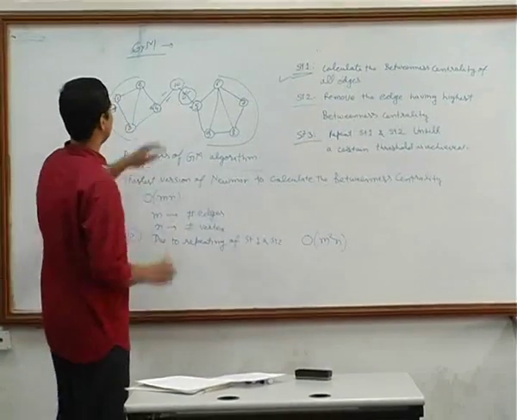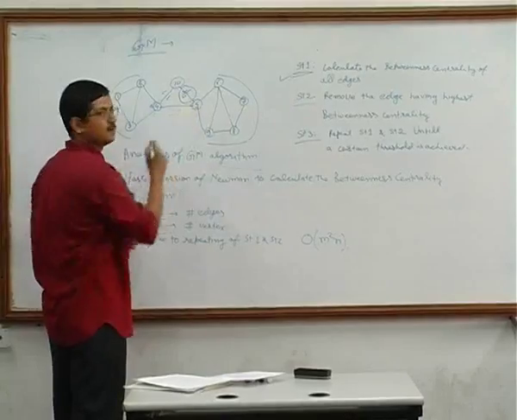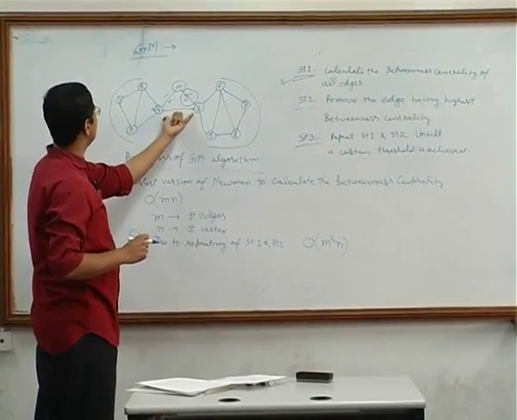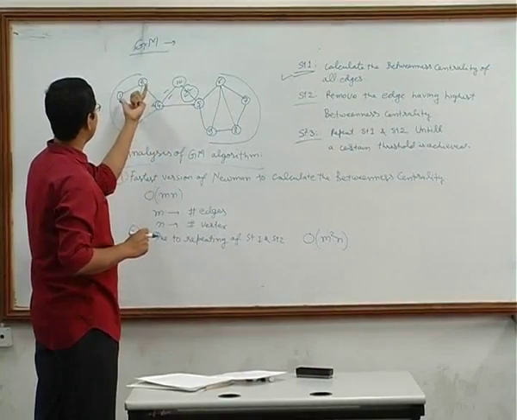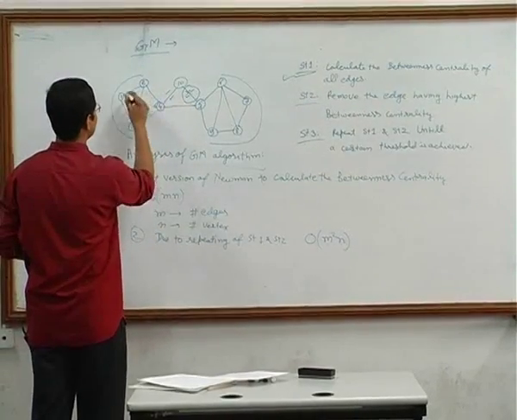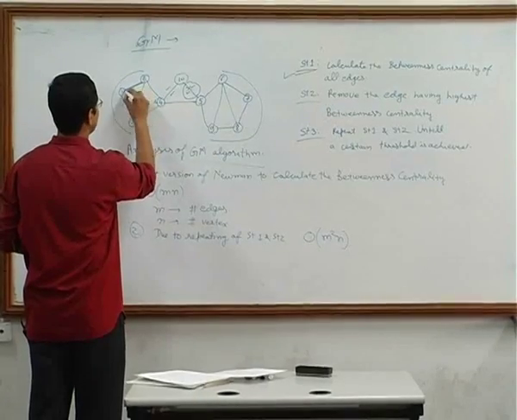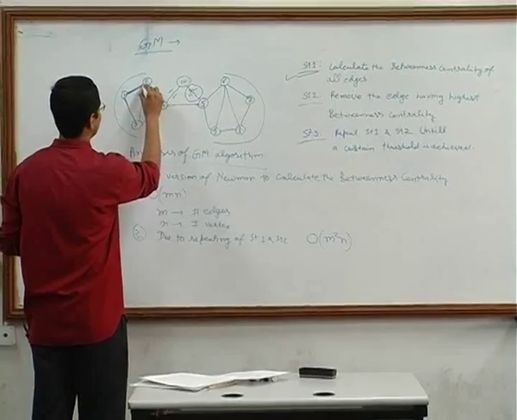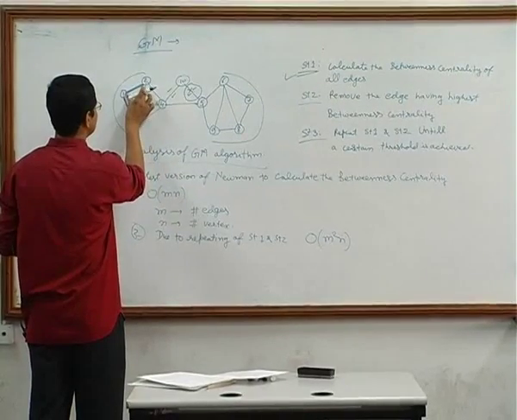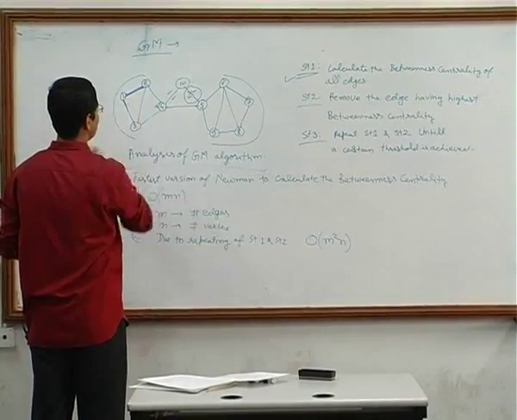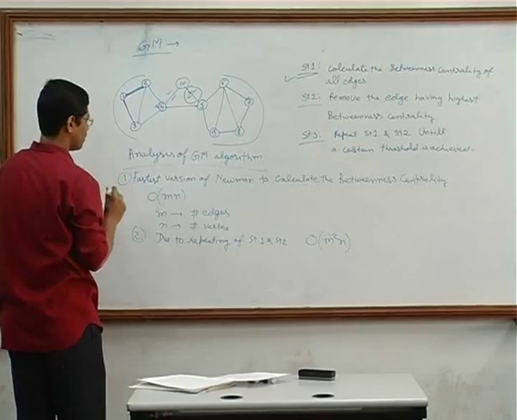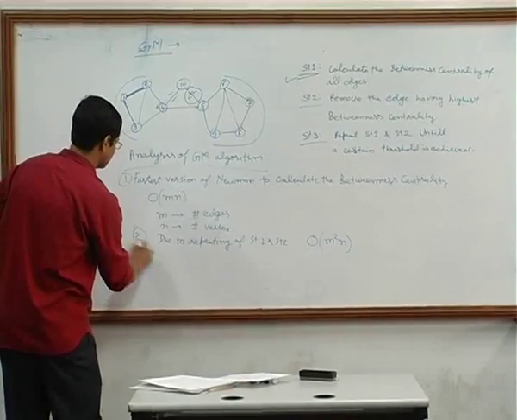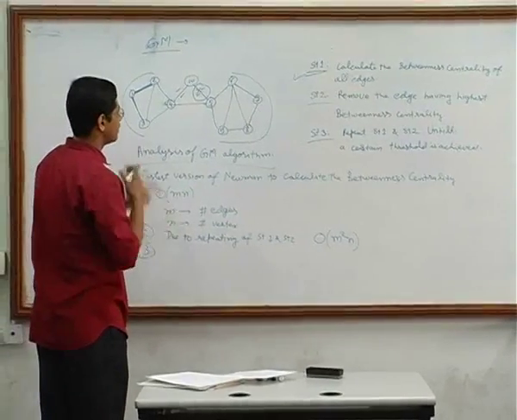Suppose after removal of this edge, we see that the betweenness centrality of all edges is not affected. For example, the betweenness centrality of this edge will not be affected, and this edge will not be affected. So for improvement of this time complexity, we can consider this fact.